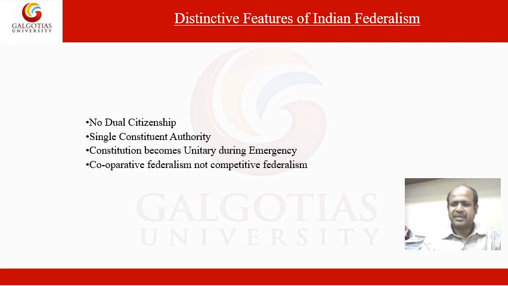The constituent authority is also single. And as we have discussed, during emergencies, state emergency, financial emergency, central emergency, at that time the constitution becomes unitary in nature. This is where the union government, or the central government, takes all the powers, legislative power, financial power.